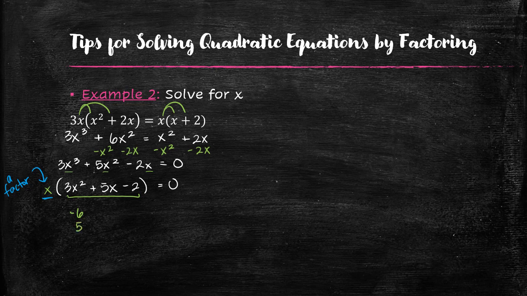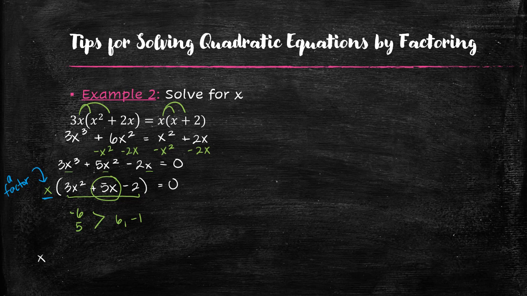So between those two, it looks like a +6 and a -1 are going to be my two numbers. Maybe we'll just write that out, 6 and -1. Again, that tells us how we break apart our 5x. So let's write that out for now.